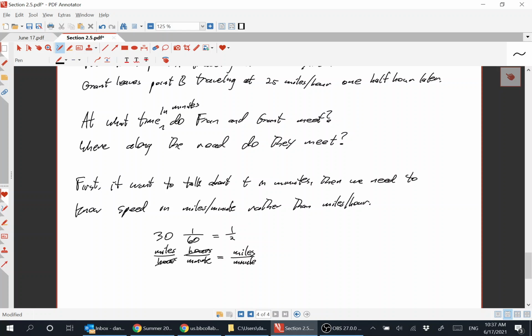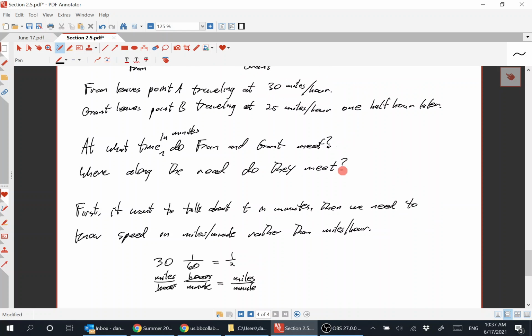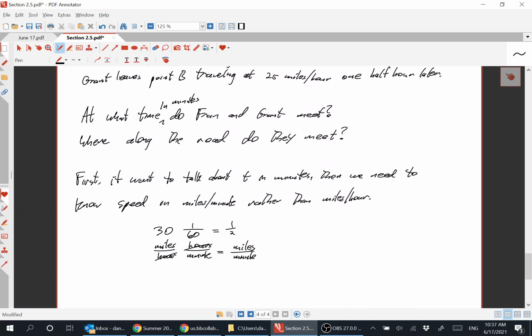So similarly for the 25 miles per hour times 1 over 60 hours per minute.